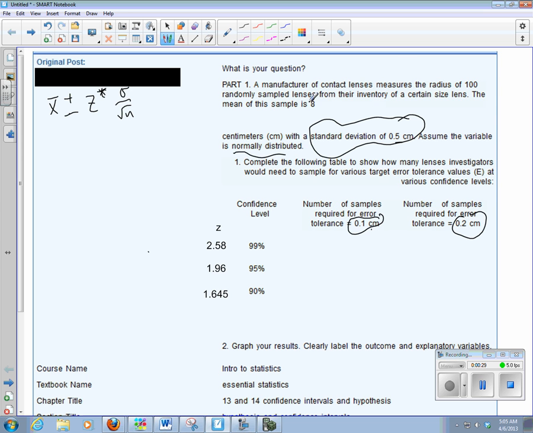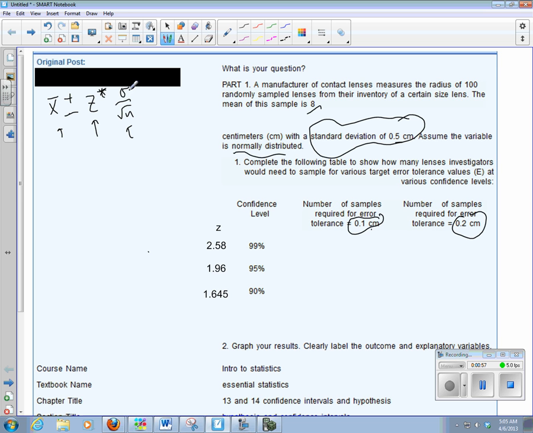Let's see. It's telling me the mean is 8, but I don't need that for this problem. So what do we do? Well, I know a confidence interval formula when I know the population standard deviation looks like this. I've got the sample mean plus or minus some z-score that's defined by the level of confidence times the standard error for the sampling distribution, also known as the standard deviation for the sampling distribution.